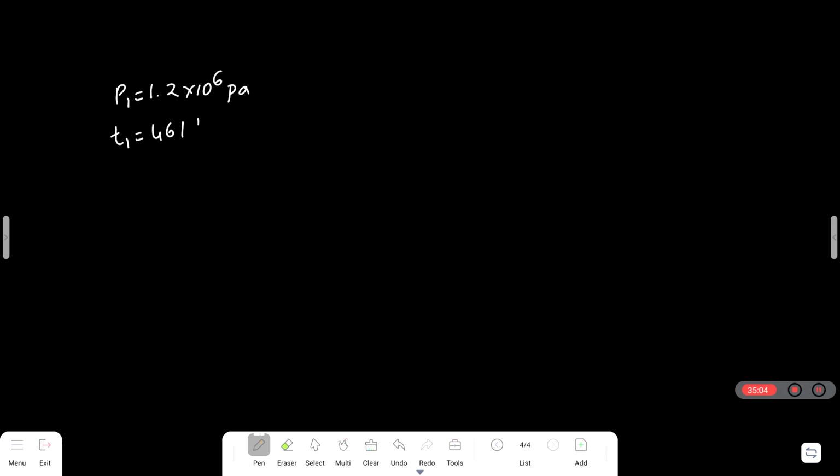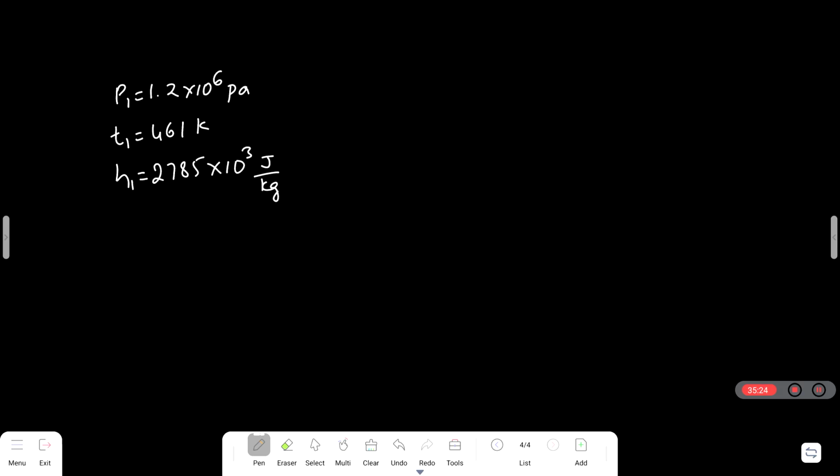Okay, next, enthalpy is 2785 into 10 to the power of 3 joule per kg.